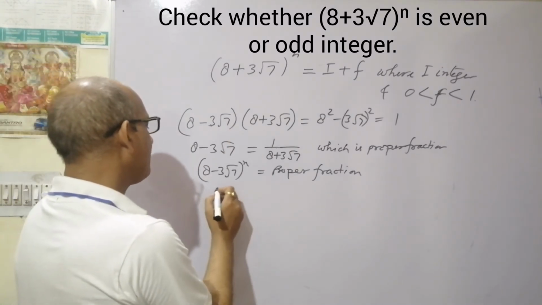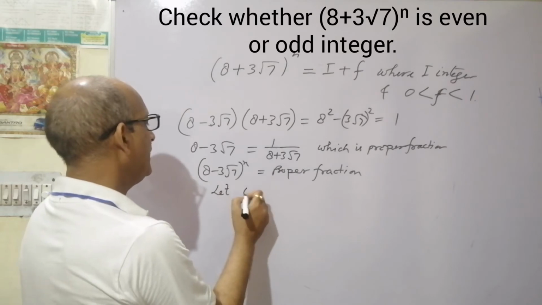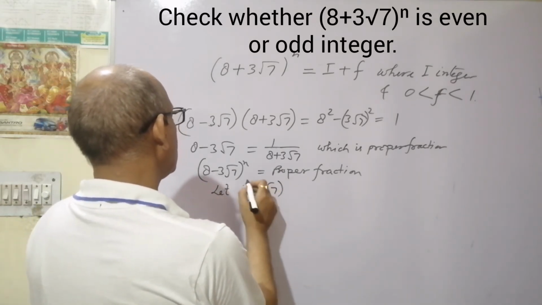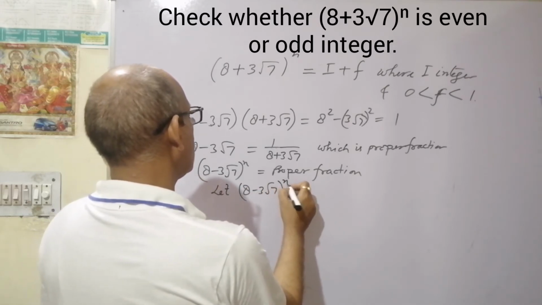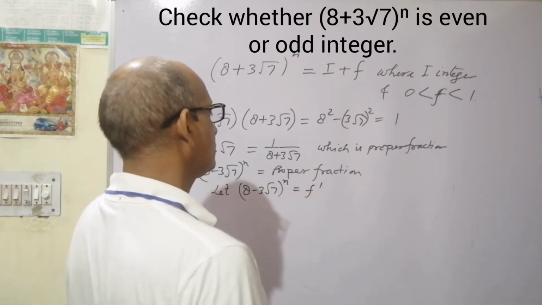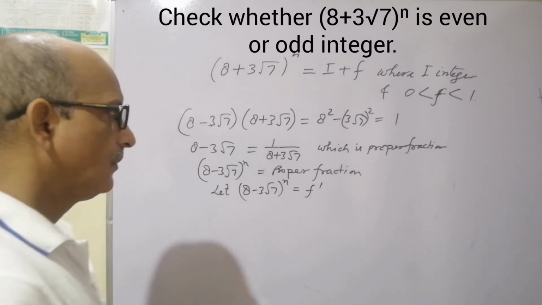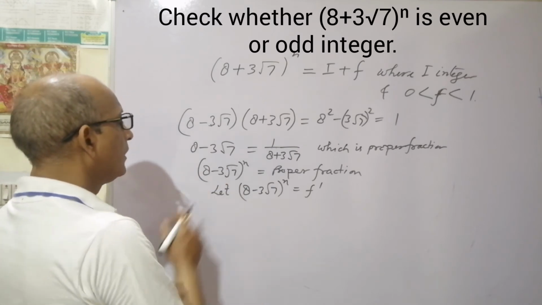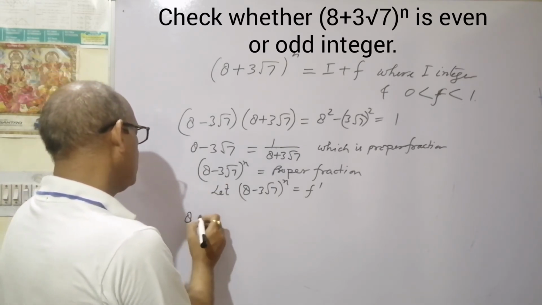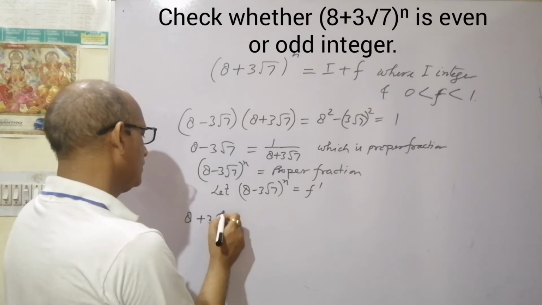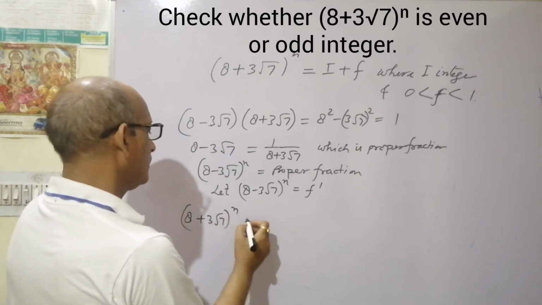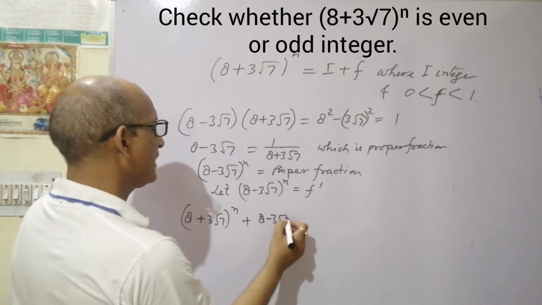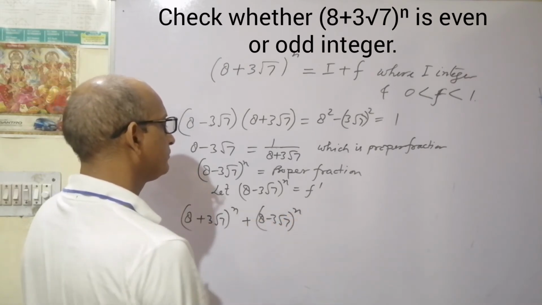So let (8 minus 3 under root 7) to the power n be f dash. Now we have (8 plus 3 under root 7) to the power n plus (8 minus 3 under root 7) to the power n.